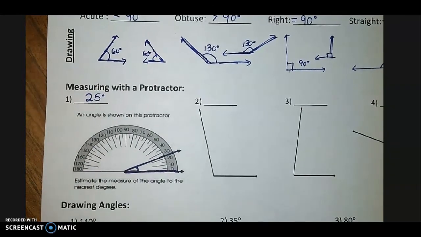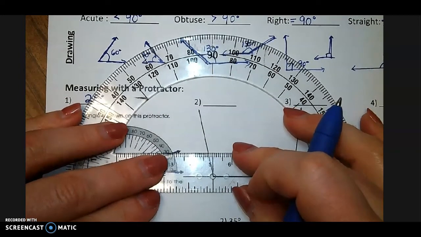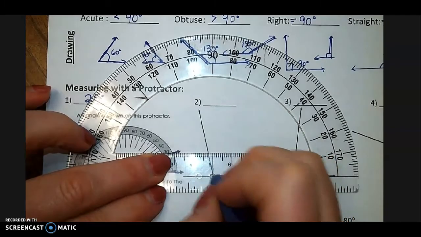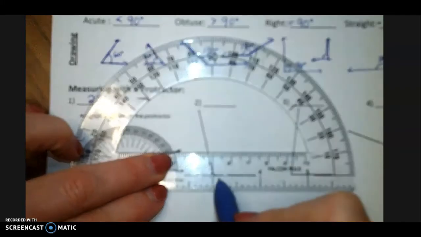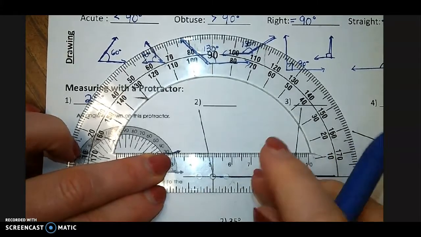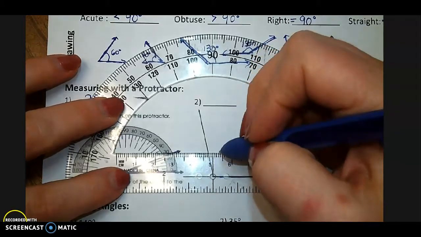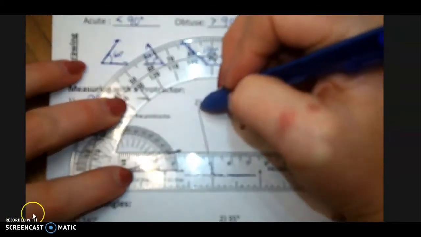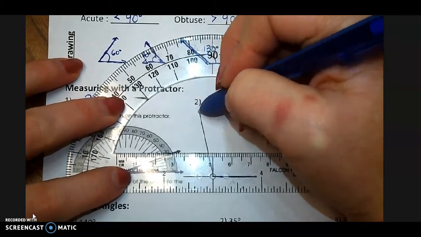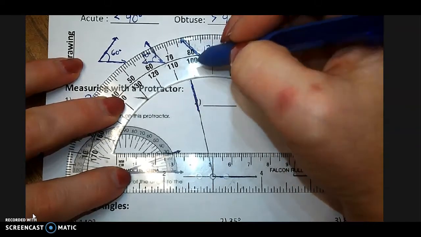Now our next one here, I'm showing you here with a real protractor. So this is my vertex right there. It's lined up in my dot. There's a black line on your protractor, and that is what you line that up with. And then sometimes you need to kind of extend this out here if it's not quite long enough so that you can see where this would be pointing to.